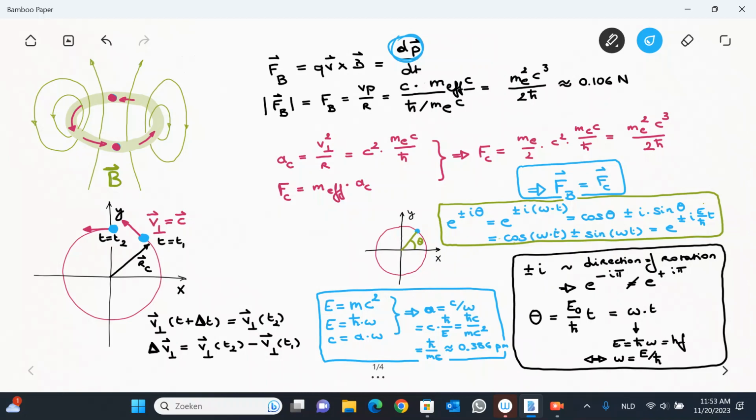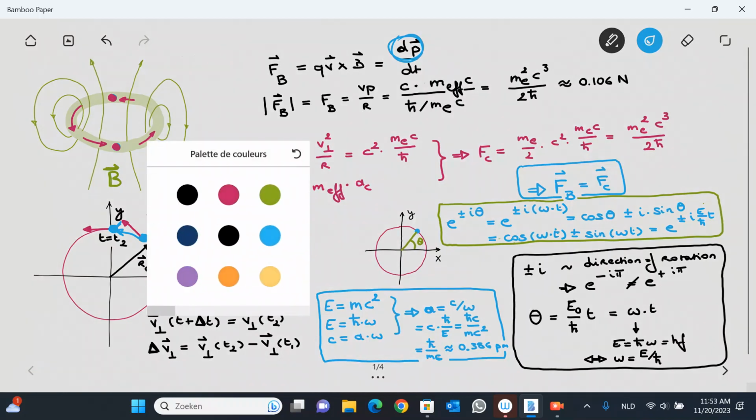The main change in the momentum vector is going to be its direction. The length of the momentum vector, okay, this is not quite mathematically correct, but I want you to get the picture. Or the velocity vector is not going to change in its magnitude. So the velocity is always the same as the speed of light.